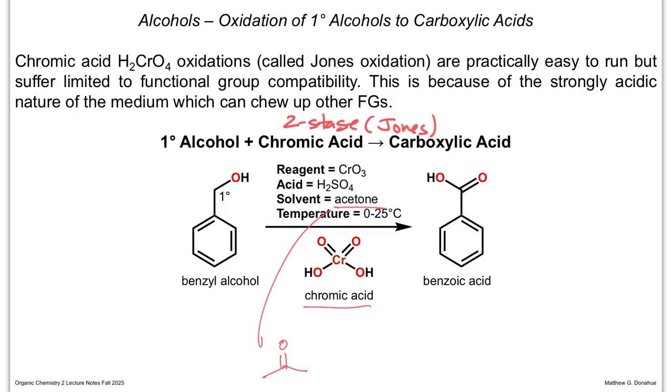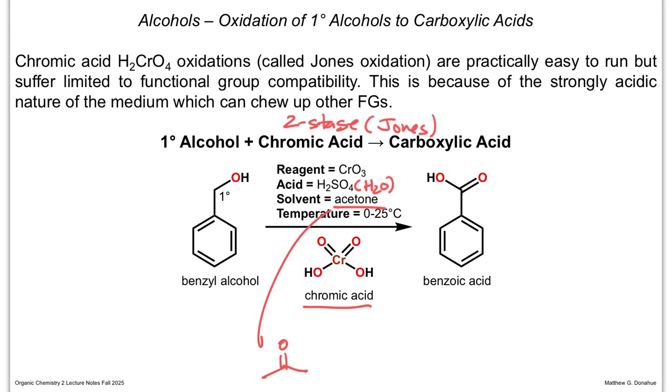And this is the kind of nuance that I want to draw your attention to. Sulfuric acid in the most concentrated form is 98%. The other 2% is water. So when you start with a primary alcohol, it's going to the aldehyde.